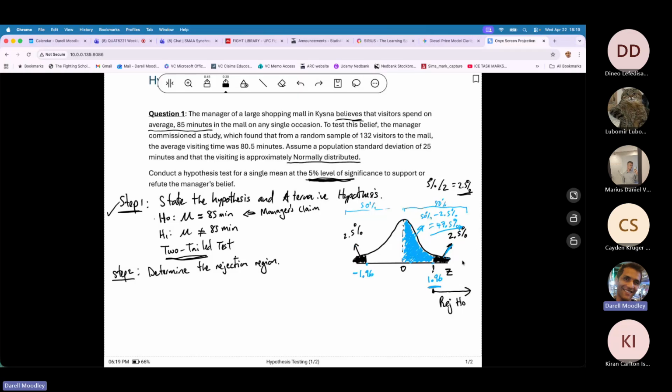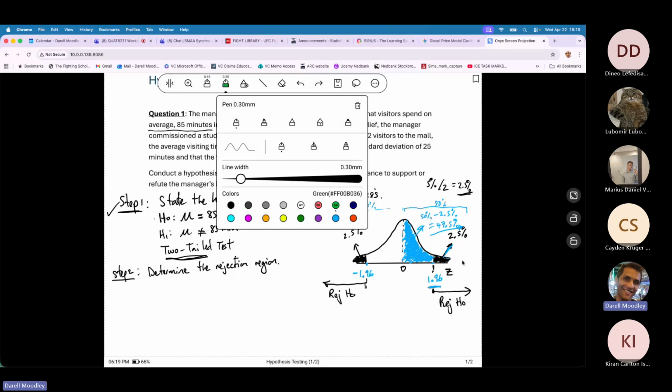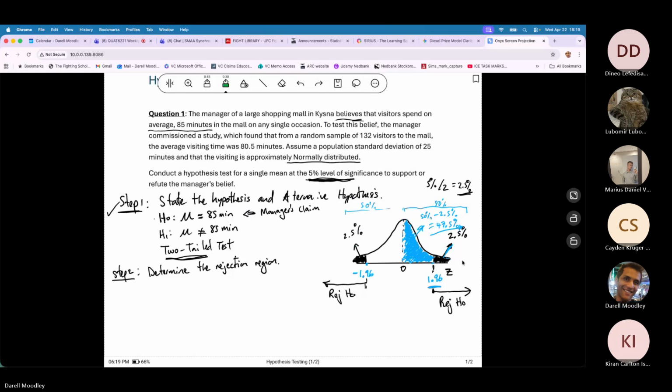And everything on the left of minus 1.96, we are also going to reject H0. But for everything in between, we will accept H0. That's how the rejection region works. So everything from here to here in green, we accept H0.